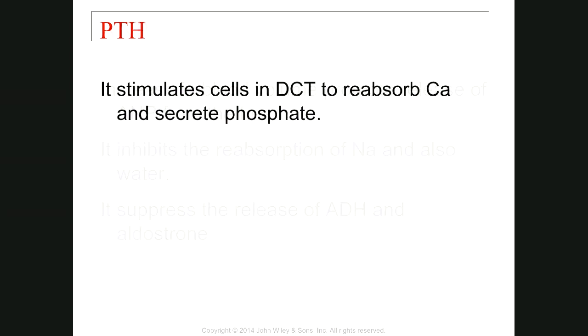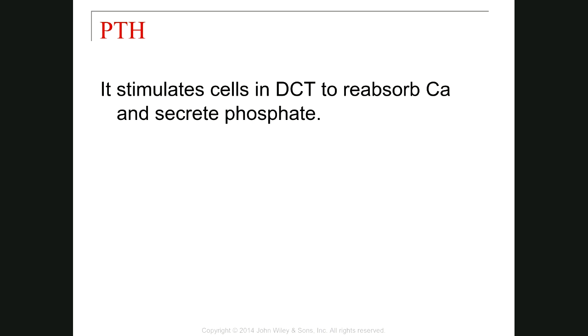And the last hormone which works here is called parathyroid hormone. Although the hormones mentioned can work on the water loss in our urine, in our kidney tubules, we have a hormone which can work specifically on calcium ion.